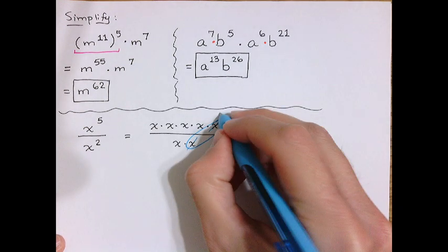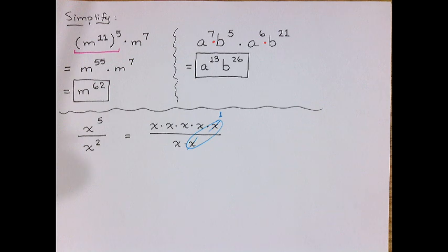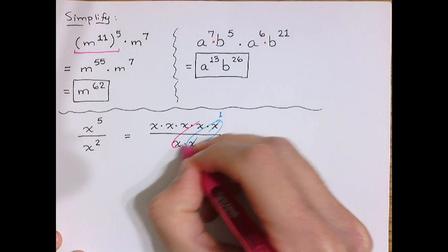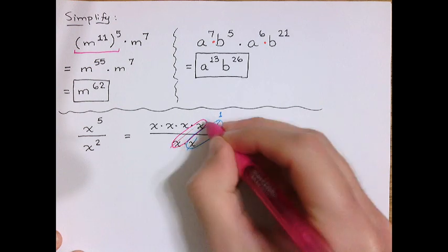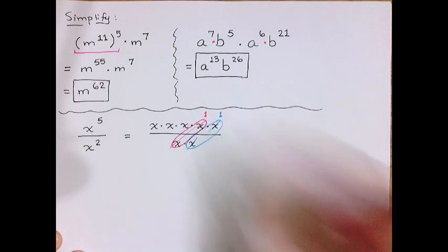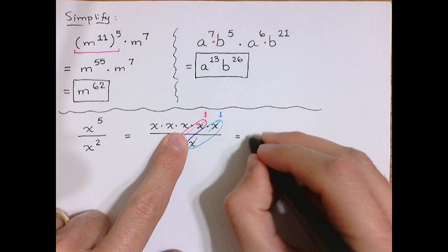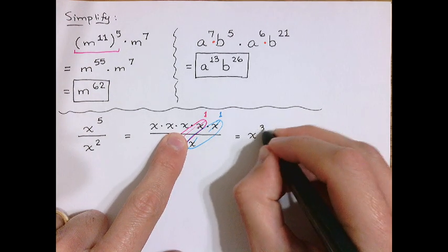So they reduce to give you a factor of 1, which we don't need to worry about writing. It's just a factor of 1. Who cares? And here, you have another pair that reduces, and you're left with another factor of 1. So altogether, the only factors that remain are the 3 factors in the numerator here, x to the third.